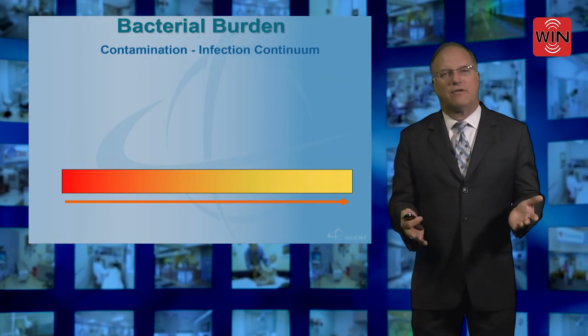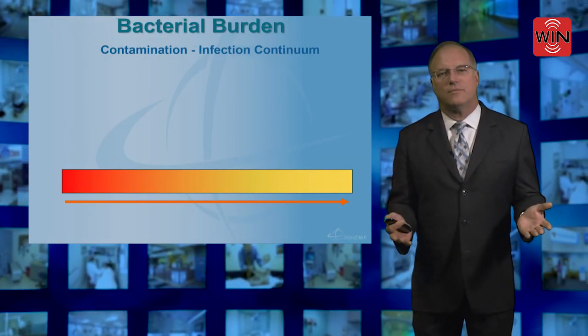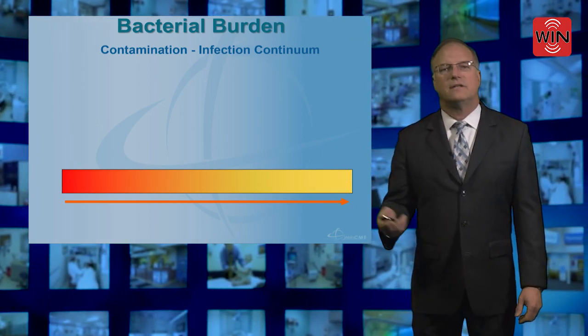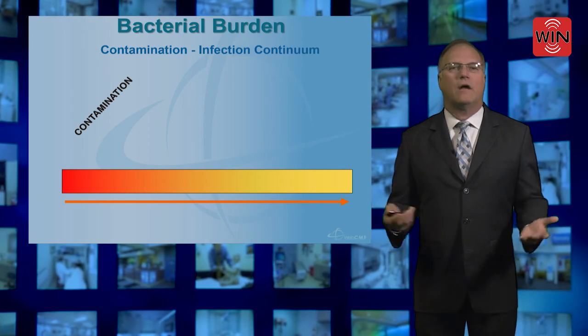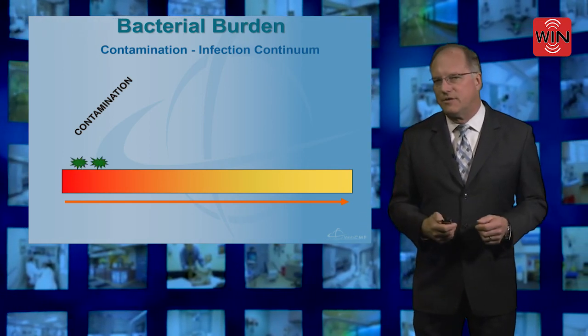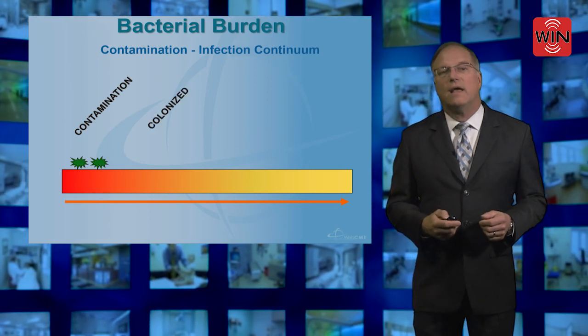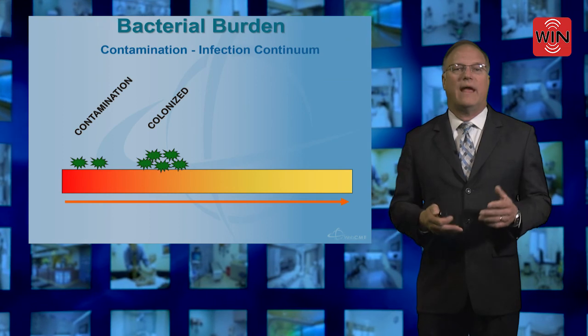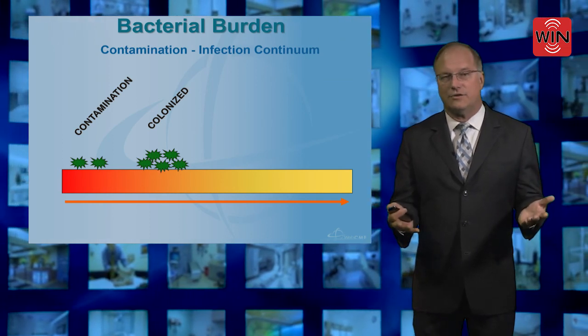I like to describe these terms and think about it in terms of the bacterial continuum, the infection continuum, if you will. We start off with contamination. Once again, that's the presence of organisms on the surface of the wound. Many times the wound then becomes colonized, and that's when we have replicating organisms on the surface of the wound.